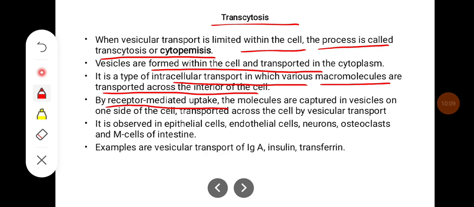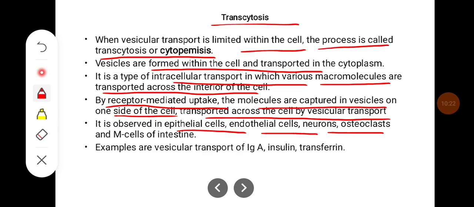By receptor mediated uptake, the molecules are captured in vesicles on one side of the cell and transported across the cell by vesicular transport. It is observed in epithelial cells, endothelial cells, neurons, osteoclasts, and M cells of the intestine. Examples of vesicular transport are IgA, insulin, and transferrin, which occurs within the cell.